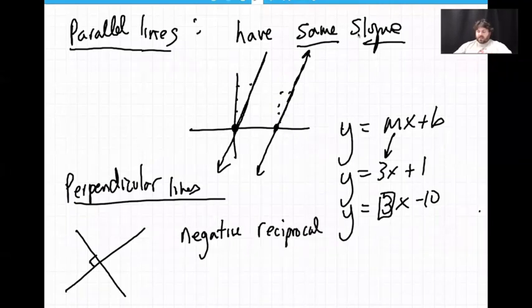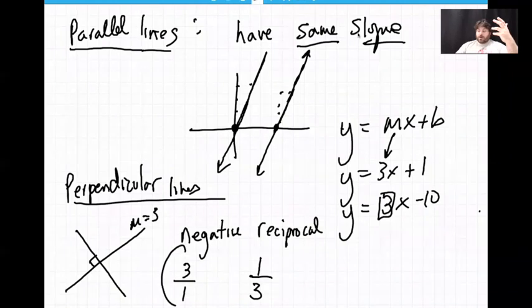I know that gets a little crazy, but what it means is, let's say this slope here was 3. Well, 3 is just 3 over 1. So when I say reciprocal, I mean flip the fraction upside down. So instead of 3 over 1, we're going to say 1 over 3. And then what does the negative mean? Well, if this is positive, this has to be negative. So this slope would be negative 1/3 if they're perpendicular.